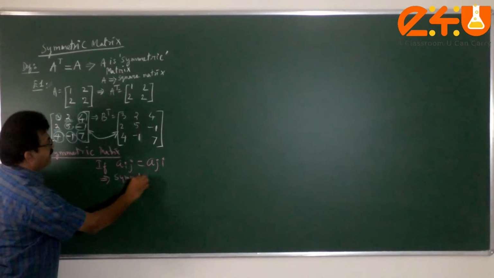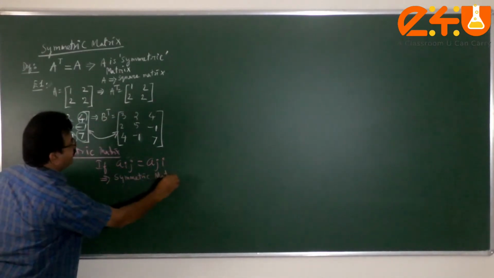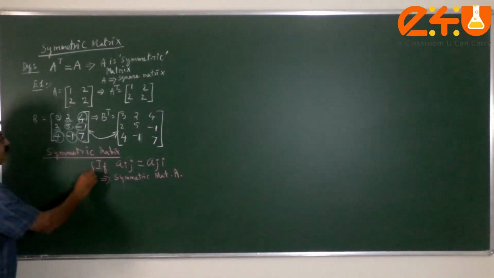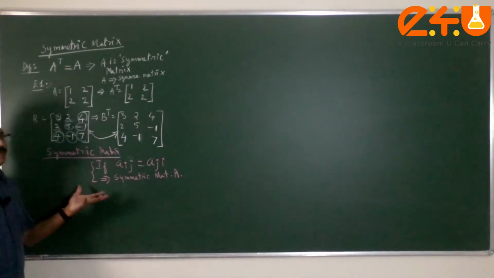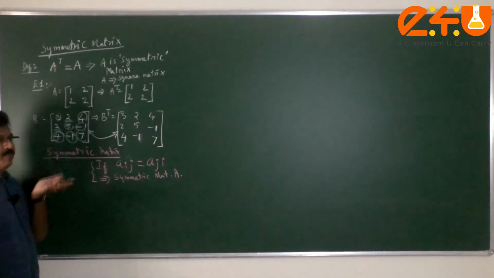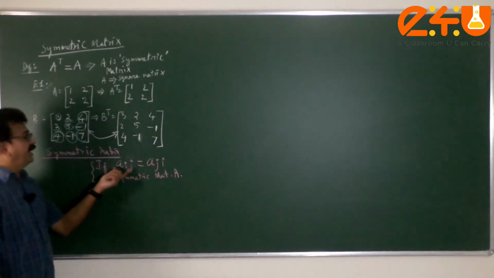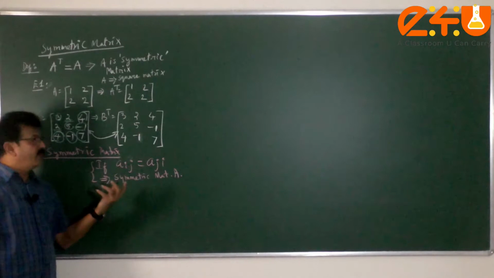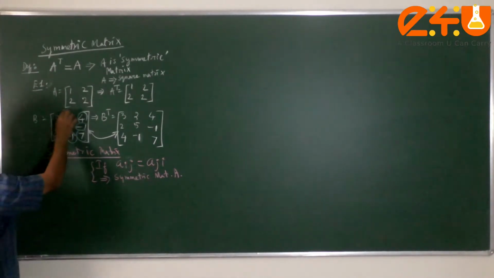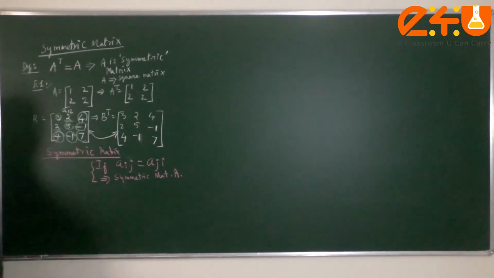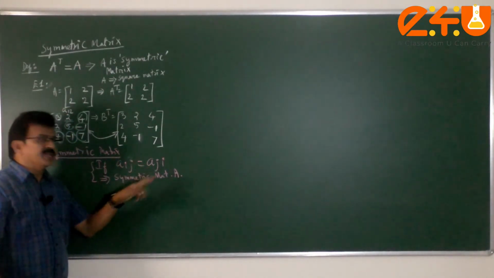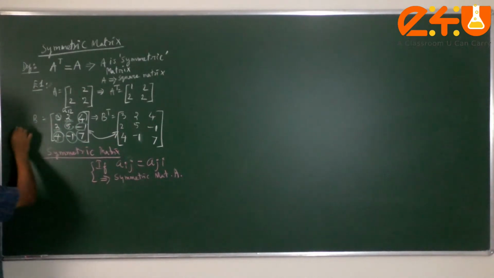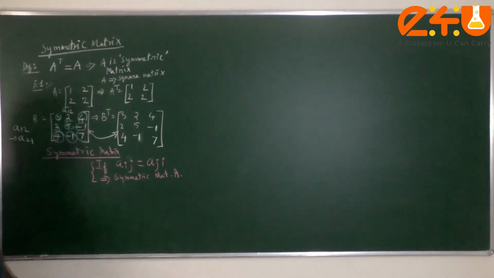It implies symmetric matrix A. So it is not happening by coincidence; it is planned such that the element occupying Aij, for example, take the address A12, first row second column. Now you invert the address ij as ji, which means A12 turns to A21.